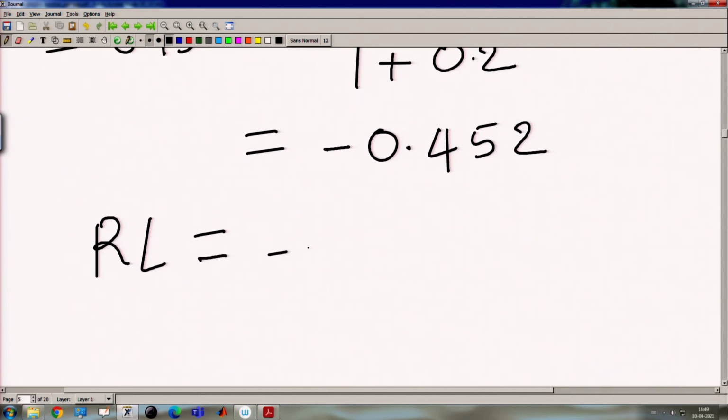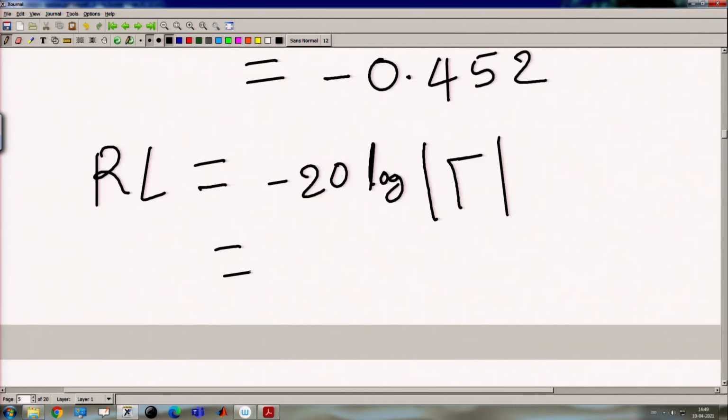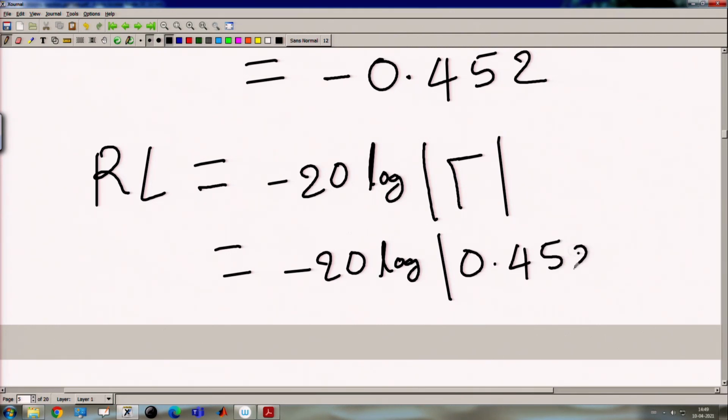Then return loss can be found out by minus of 20 log of mod of gamma. The negative sign will be positive inside the mod. So, that will equal minus of 20 log of 0.452.